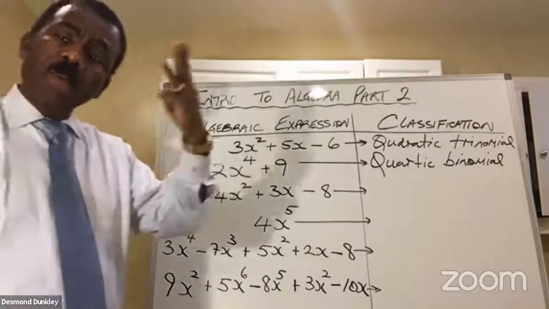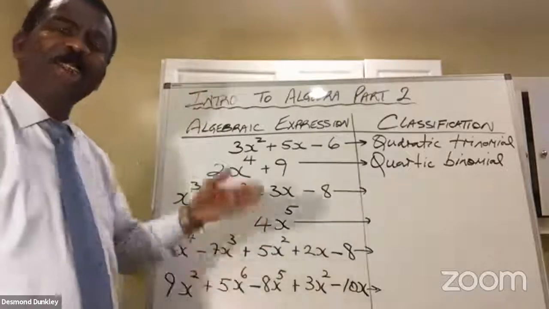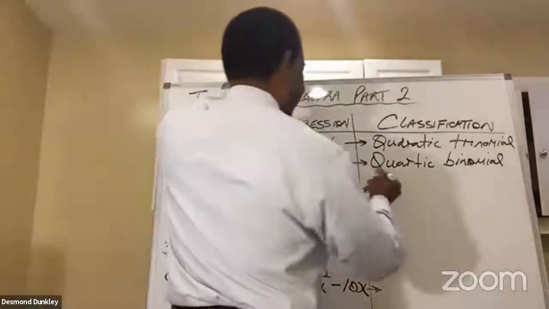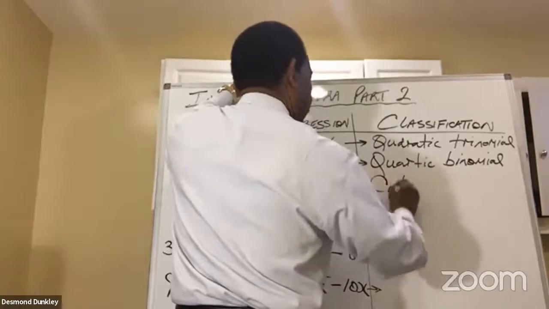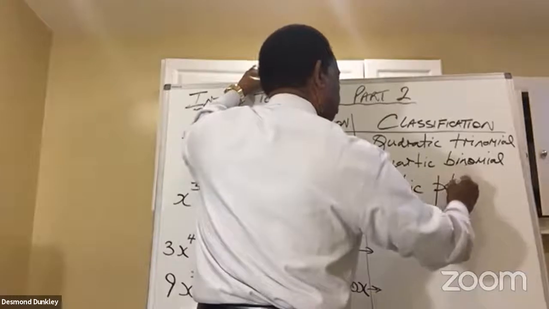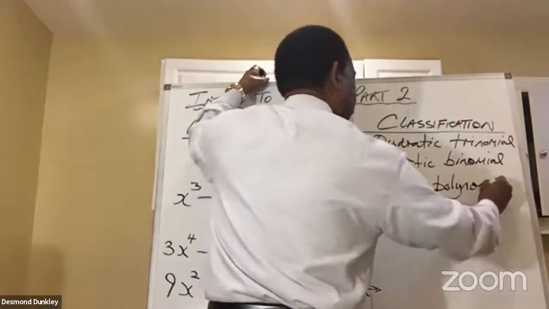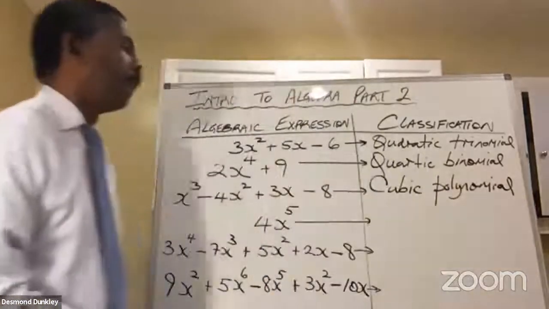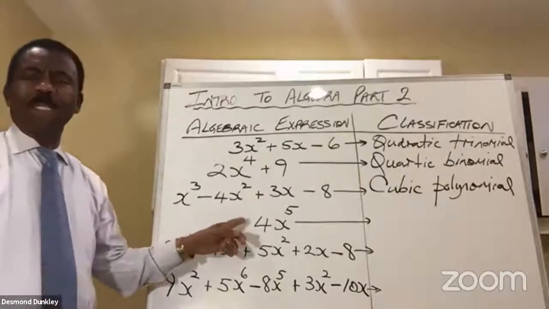And if it is to the power 3, we say it's cubic. So this is a cubic polynomial.